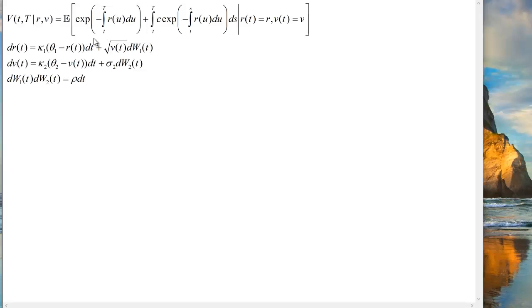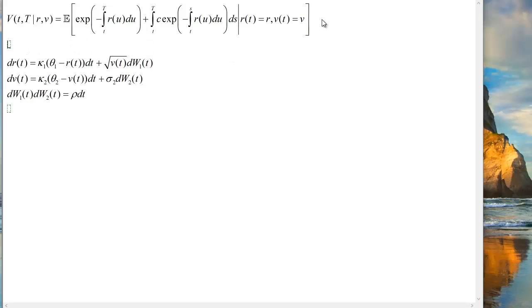Okay, so this is the definition of the random processes involved in the pricing, and now we are looking for a PDE that solves this V. We also have, it should be basically added here, that V at maturity is always 1, because it's a risk-free bond, so it always pays the par at maturity.